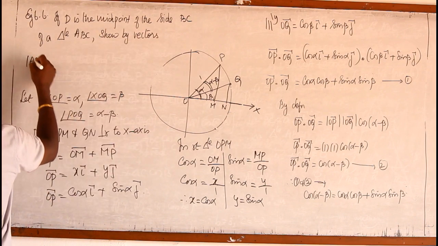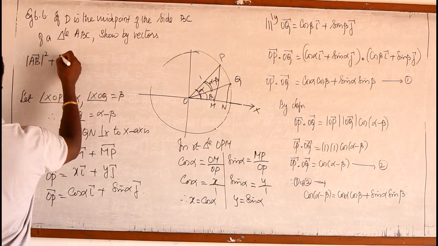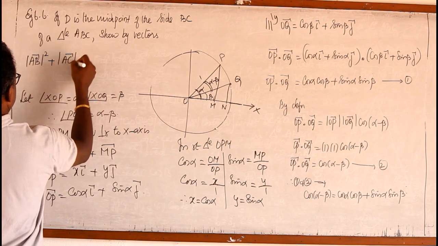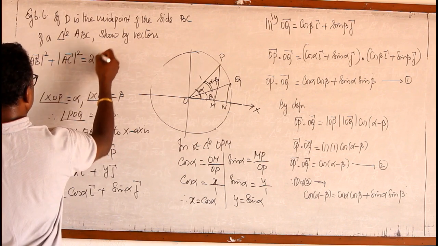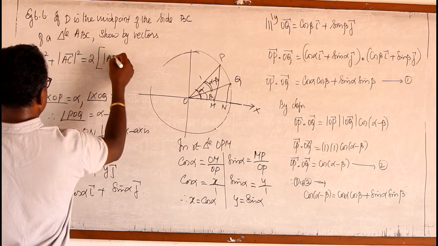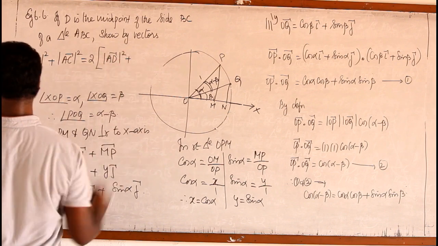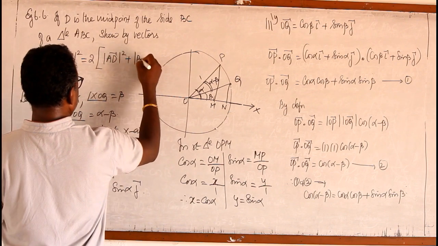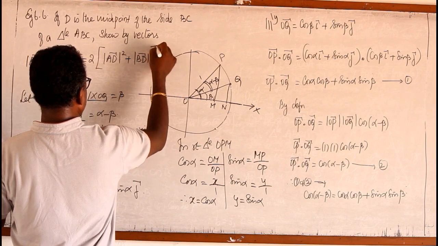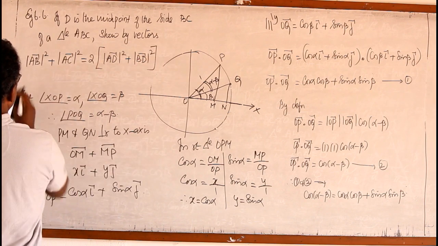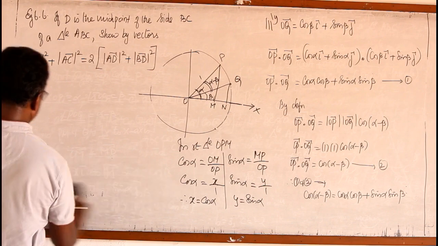modulus of AB vector the whole square plus modulus of AC vector the whole square equal to 2 into modulus of AD square plus modulus of BD square. And this theorem is called Apollonius theorem.